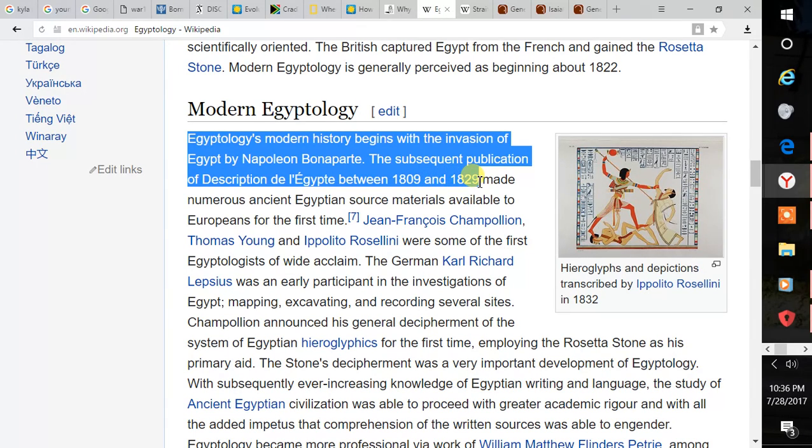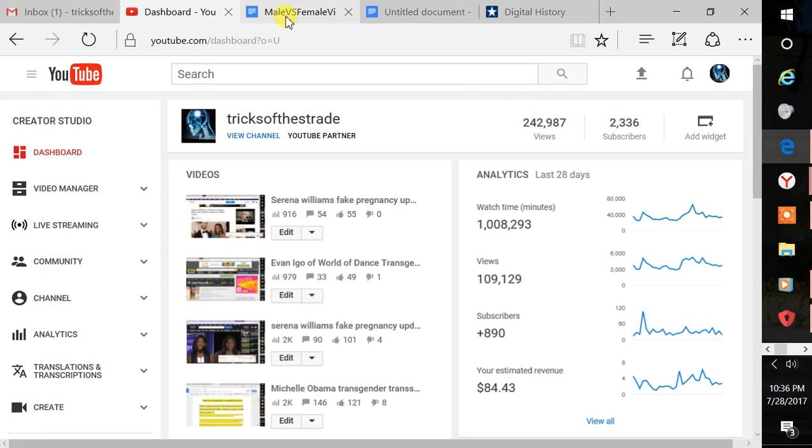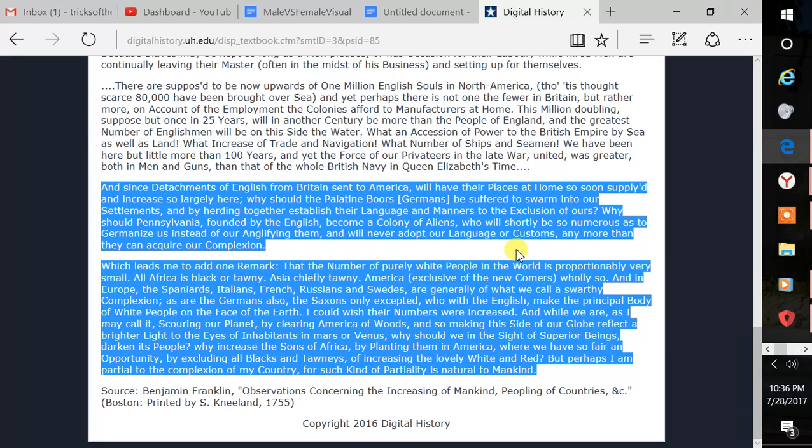Is 1809 and 1829 after 1751 in Benjamin Franklin's letter, in which he noted that the whole world was black, the Asians, the Russians, the Germans, the Swedes, the French, the Italians? You have to have watched part one to get to that point, because there's a reason where I'm going with this. So keep following me.